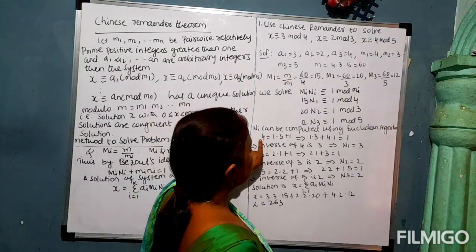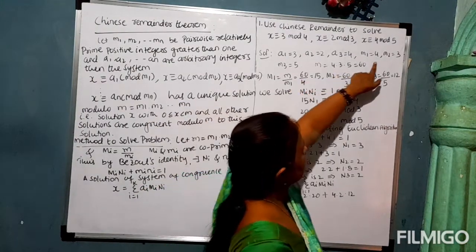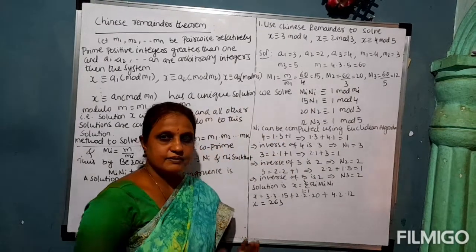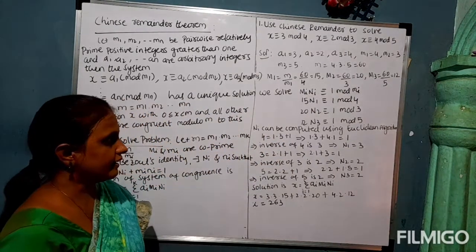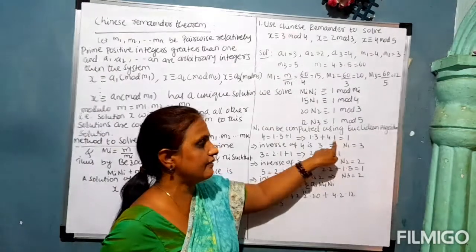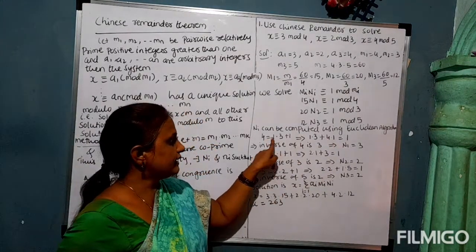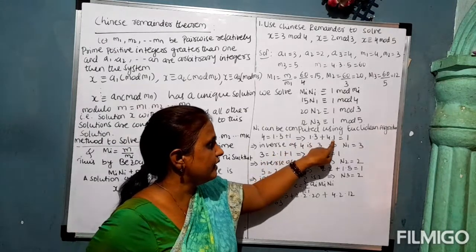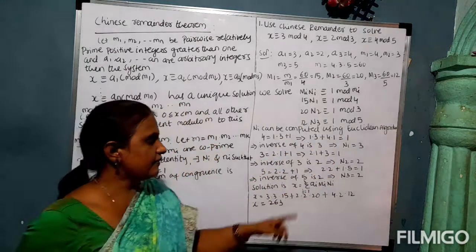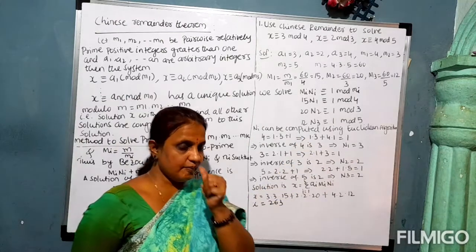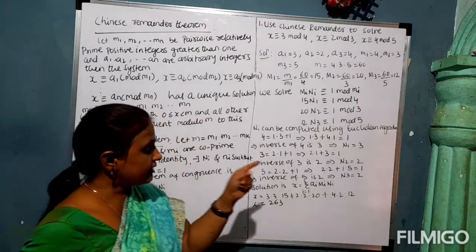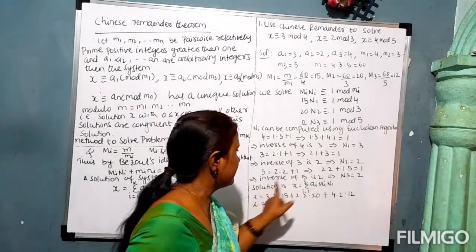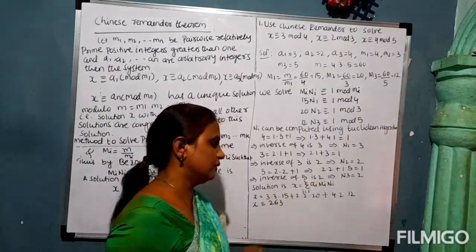Here m1 is 4, and 4 can be written as 1 into 3 plus 1. We express this such that 1 equals 1 into 4 minus 1 into 3, which is of the form SA plus TM. So the inverse of 15, that is of 3 mod 4, is 3. Similarly, the inverse for mod 3 we get 2, and for mod 5 we get 2.